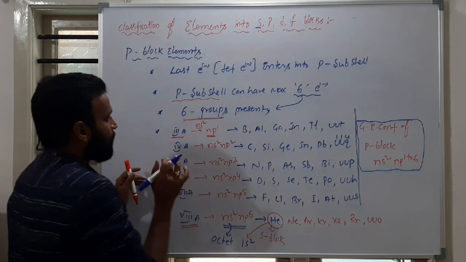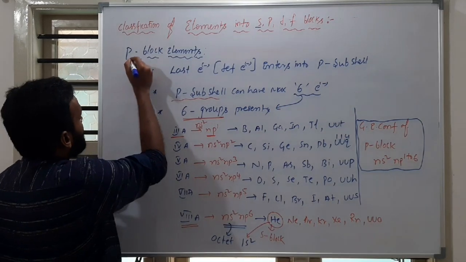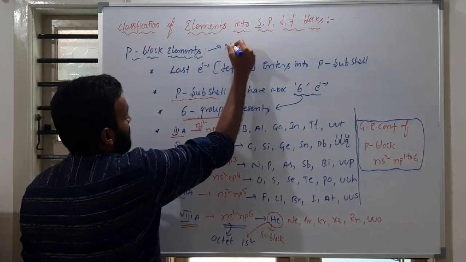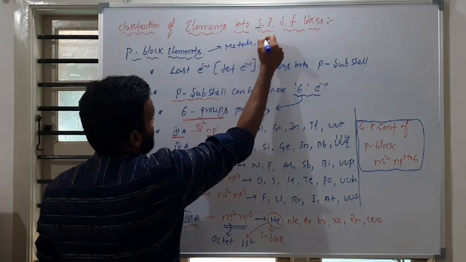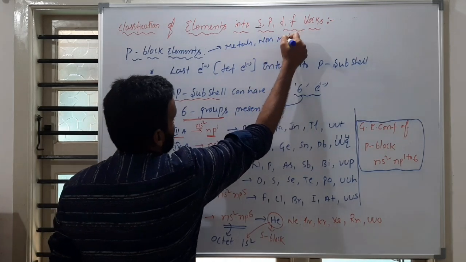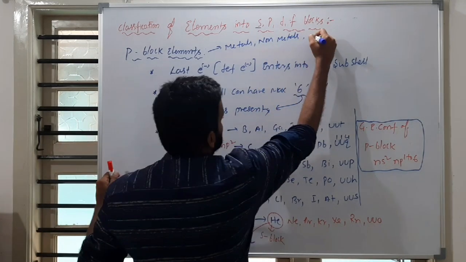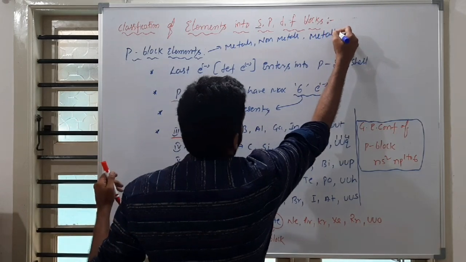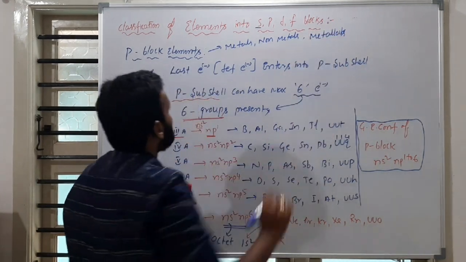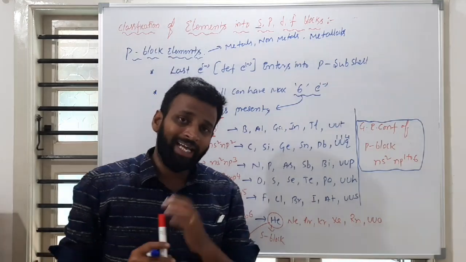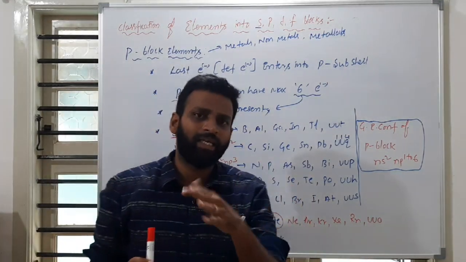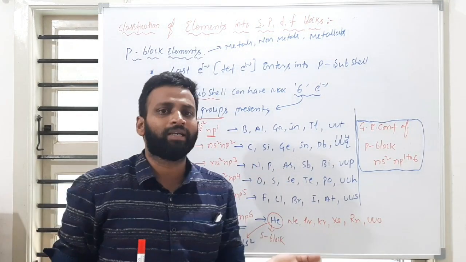So here what you have means in P block you have metals, non-metals as well as metalloids. All types of elements are present in P block. But in S block only hydrogen and helium are non-metals.